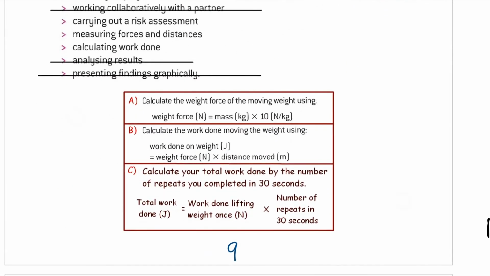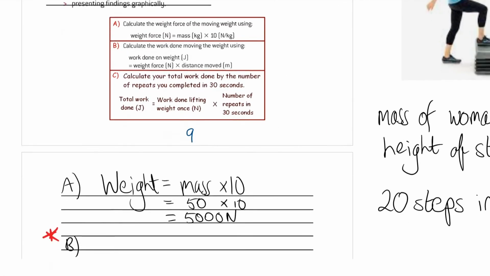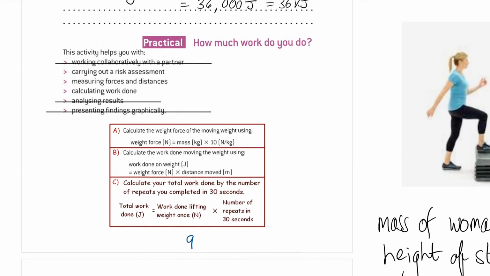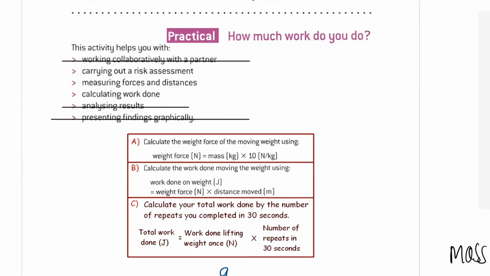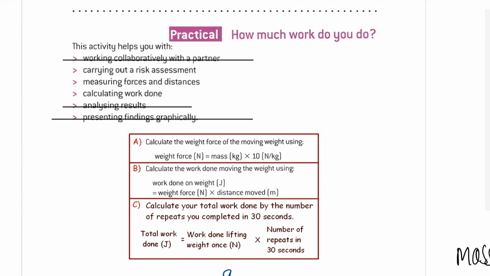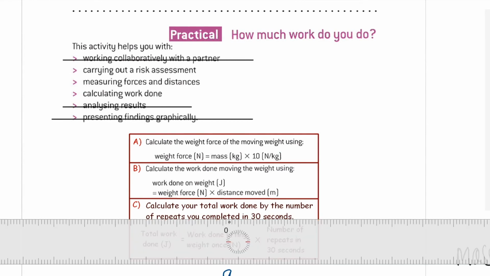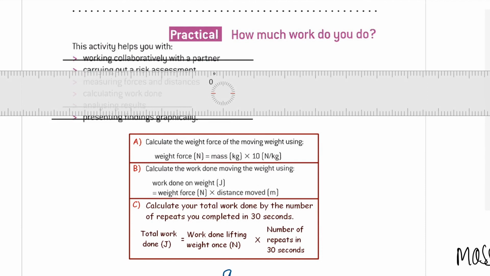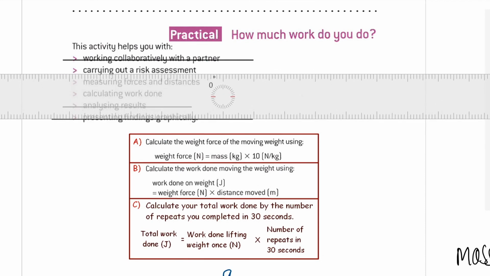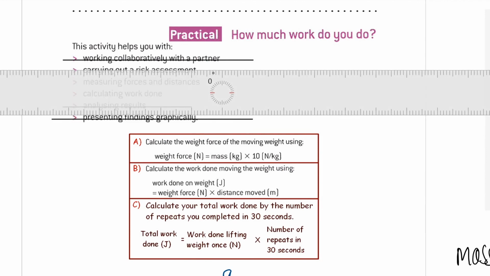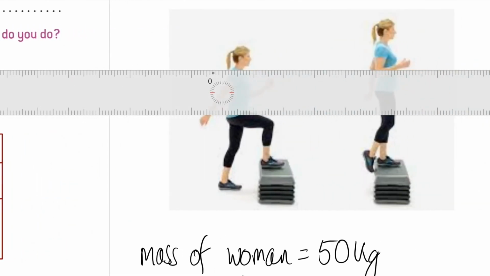And the final activity for this lesson is based on this practical, and I've just put a line through what you don't need to do, and I'll cross out the risk assessment part here as well. Now, if you're doing a risk assessment, what's the hazard? Well, let's look at what you're doing first of all.